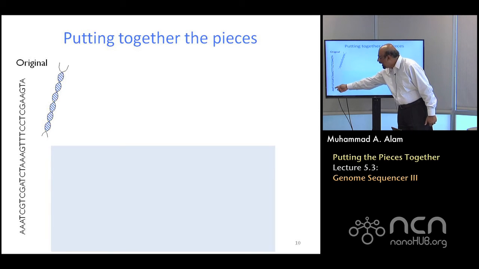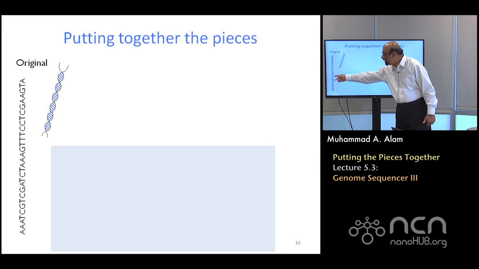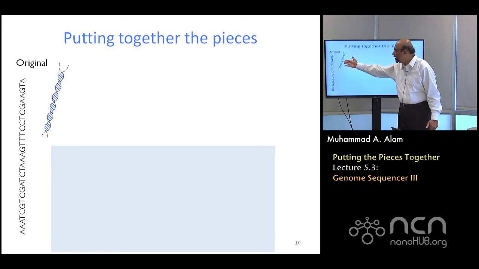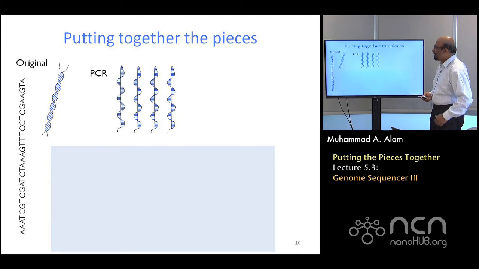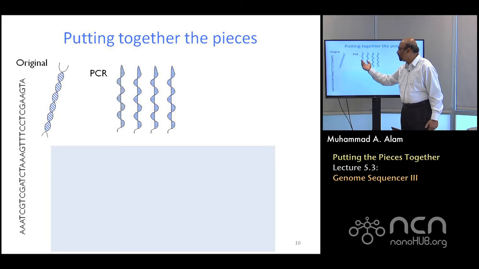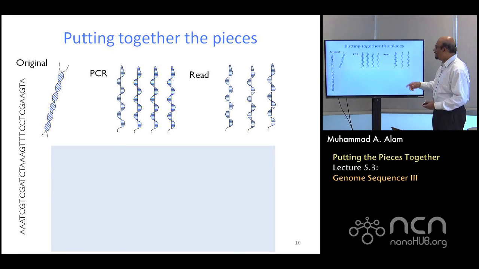Assume I have an original sequence, given here in the vertical line and shown here in this specific DNA. Now let's say after PCR amplification, I have made many copies and I have divided the copies into small chunks, small pieces.